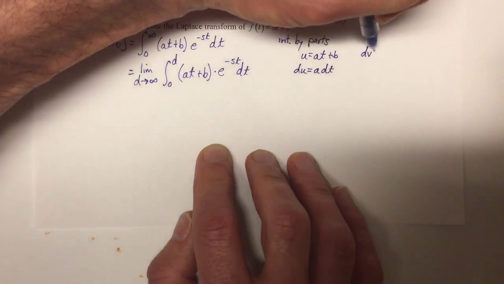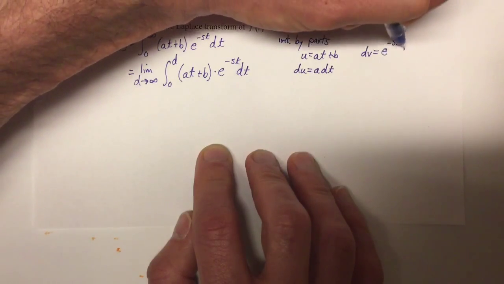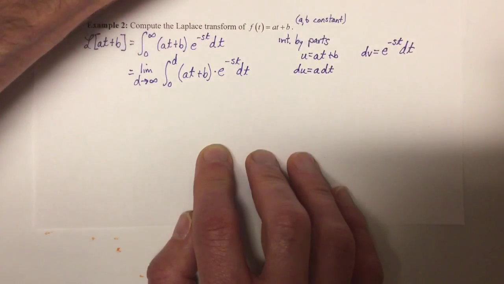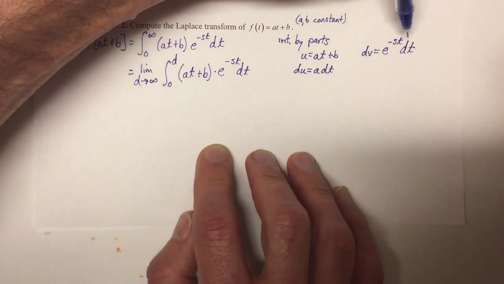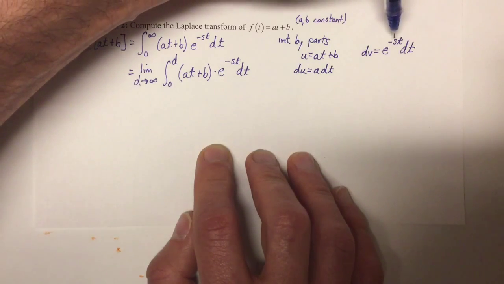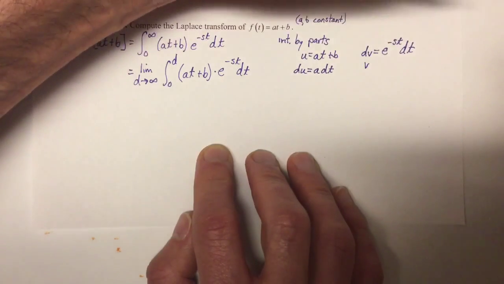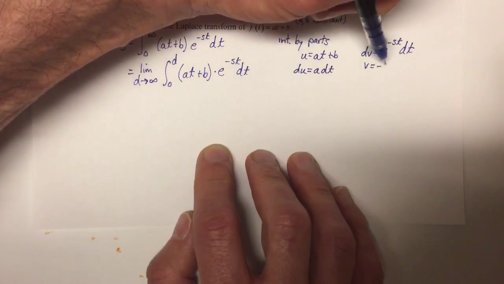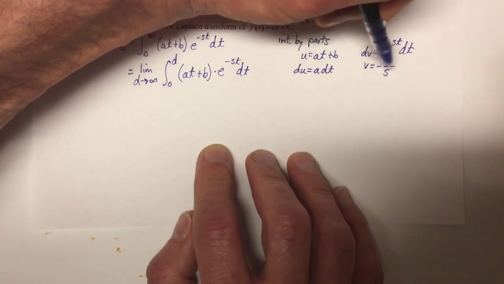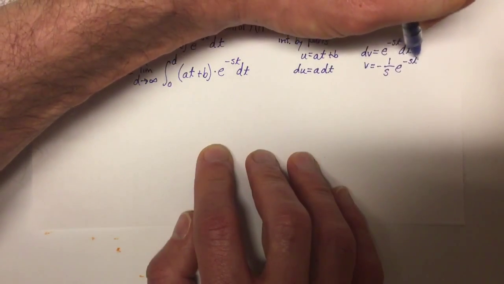The dv will be the e to the minus st dt. Notice that our variable here is t. So for purposes of this integral, the s is a constant, which means when we find the antiderivative, this is e to a constant times t, we get 1 over that constant, which is negative 1 over s, times e to the constant times t.